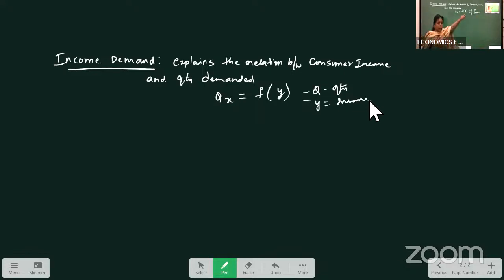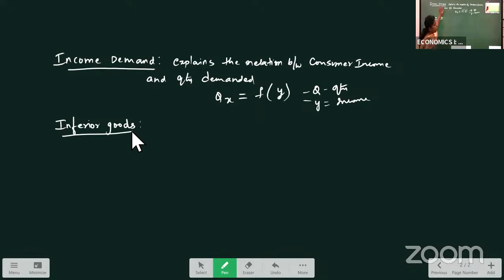As the income increases, quantity may increase or may decrease. So when we explain income demand, we have to study 2 types of goods. What are the 2 types of goods here? One is inferior goods. What are inferior goods?